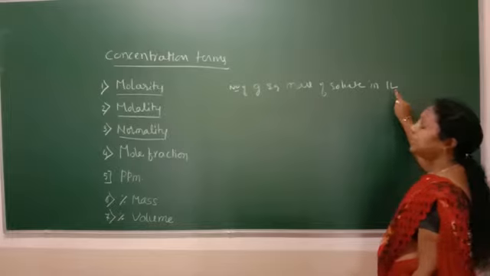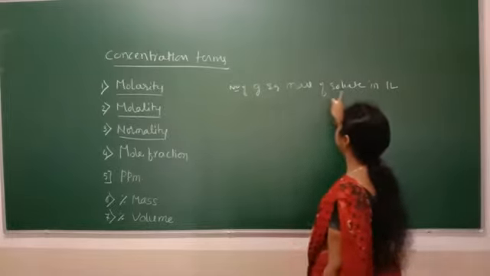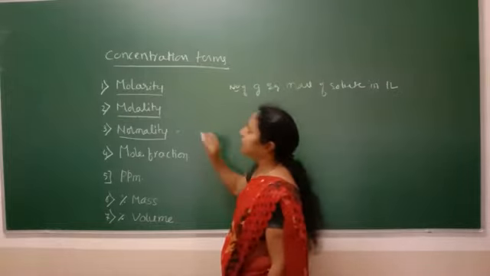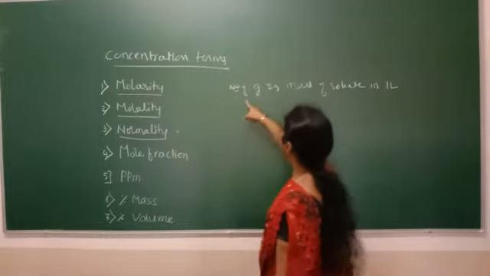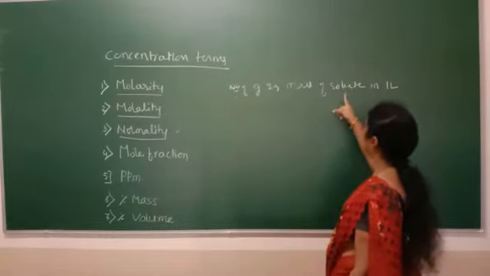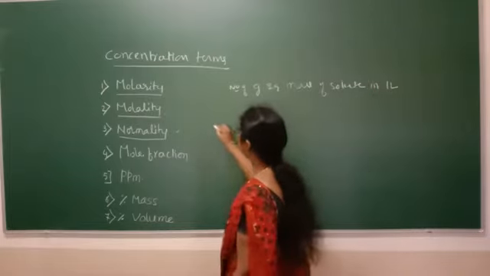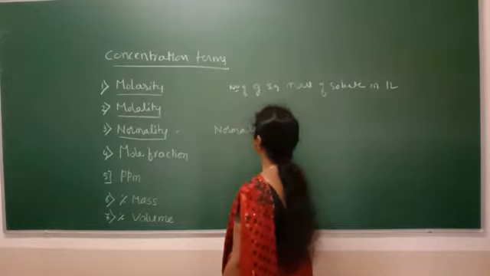So in 1 liter of solvent, the number of gram equivalent mass of solute dissolved is expressed in terms of normality.